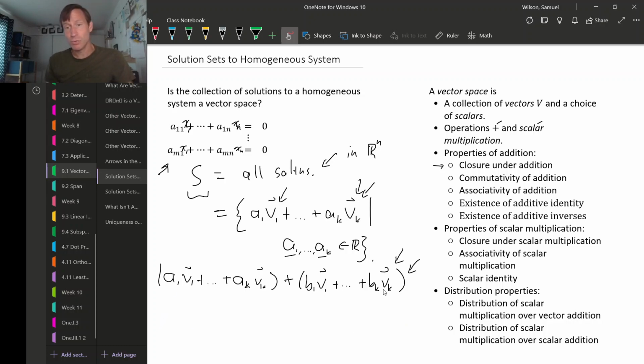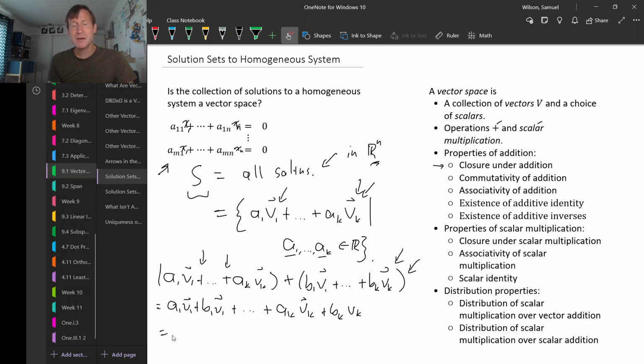Okay, since these operations are all vector addition coming from Rn, it is safe to remove the parentheses and rearrange things. That's the commutativity and associativity of vector addition. And when we do that, we get a1 v1 plus b1 v1, and so on, down to ak vk plus bk vk.